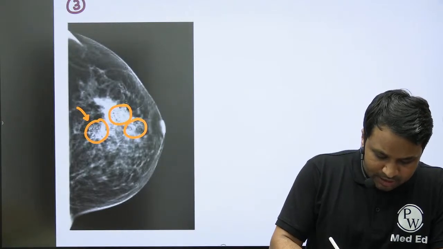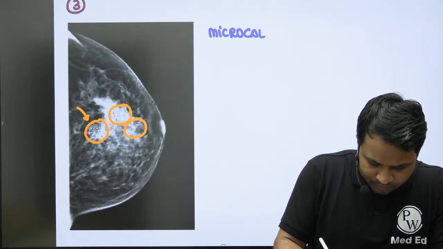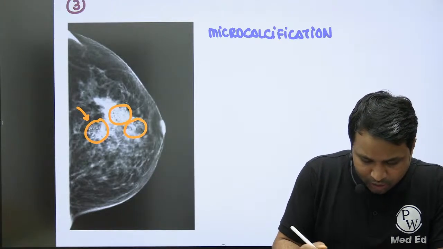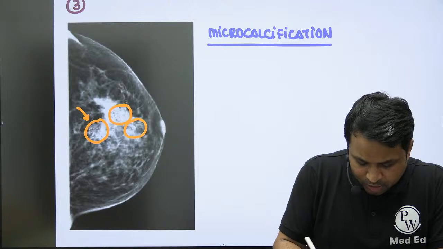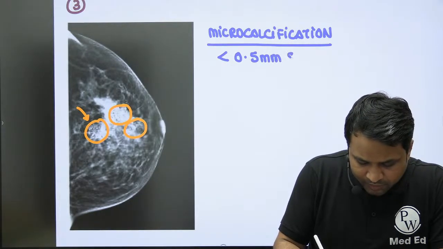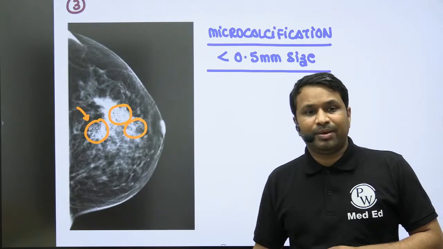If there is a cluster of micro calcification, as I told you, the criteria to call it micro will be less than 0.5 millimeters in size, because more than 0.5 is going to be macro calcification.